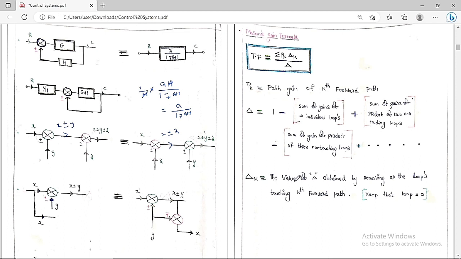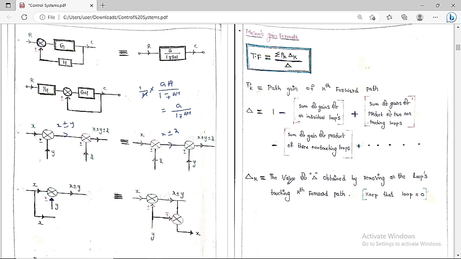Delta k is the value of delta which is obtained by removing all the loops which are touching the kth forward path, or keeping those loops as 0. So what is the meaning of delta k? From delta, whichever loops are touching that forward path, we have to remove them, or assume all those loop gains are 0. Then the resultant value that we get from delta is called delta k.